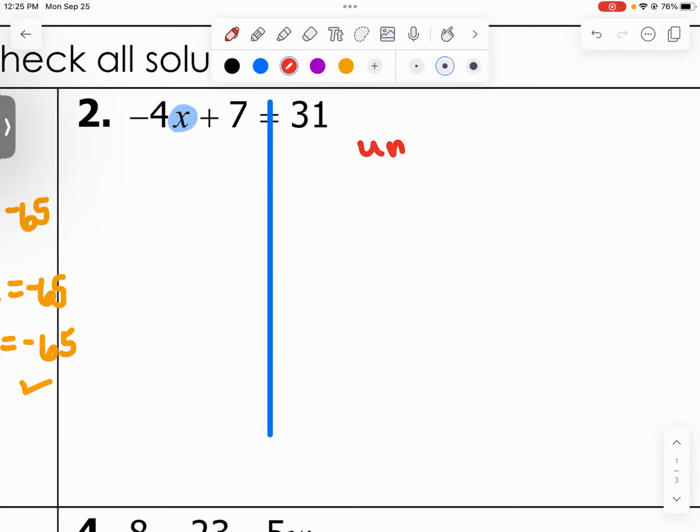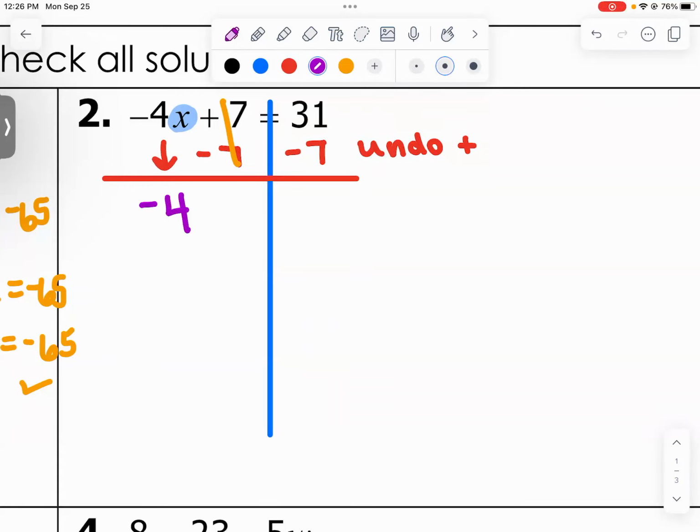Since it is being added to the x, we need to undo it by subtracting 7 from both sides. So the 7 minus 7, those are going to cancel. So we still have our minus 4x.